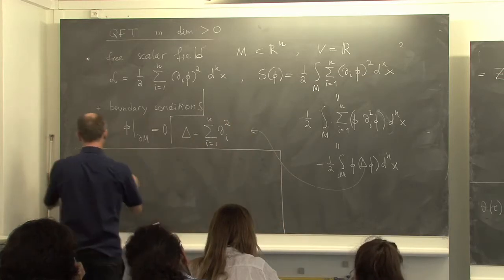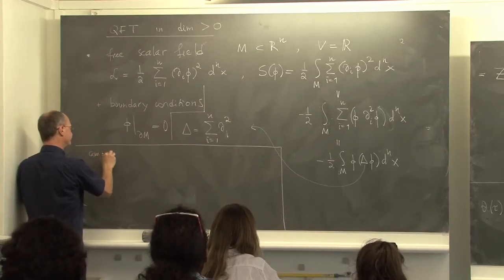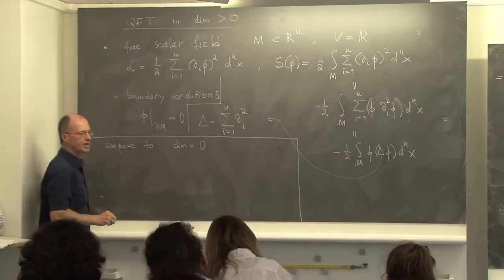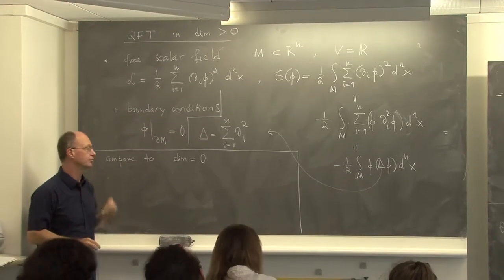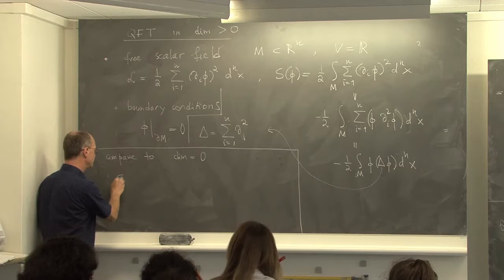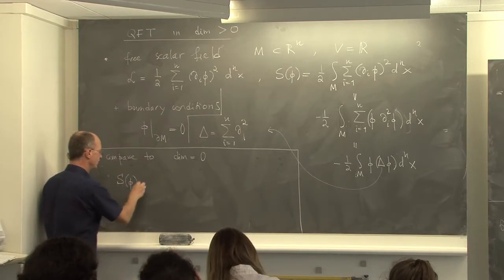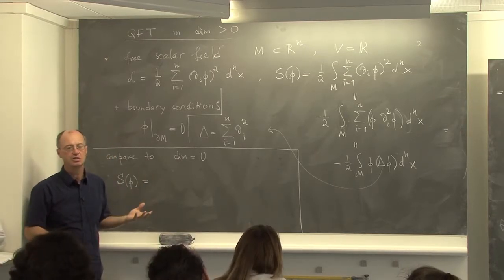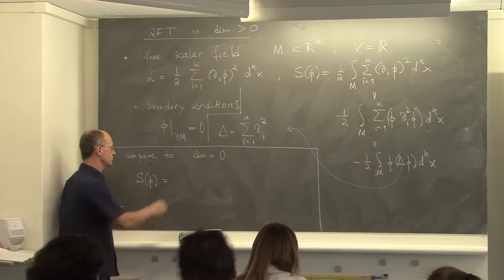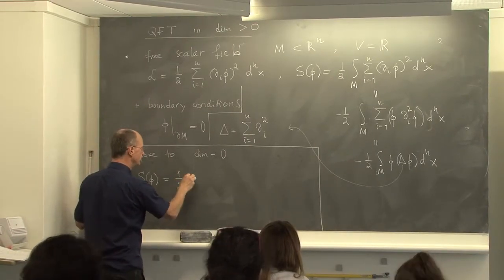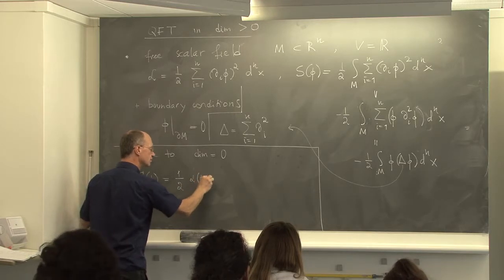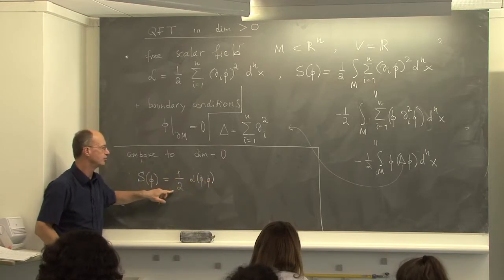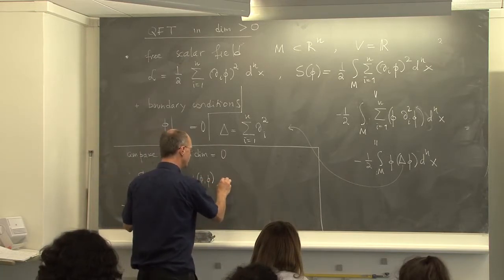So let me compare it to the zero-dimensional field theory that we were considering before. Let me recall that typically S of phi would be equal to, if you don't introduce yet any interaction terms, for the Gaussian field theory, some quadratic, typically non-degenerate quadratic form. 1/2 is just a normalization coefficient.